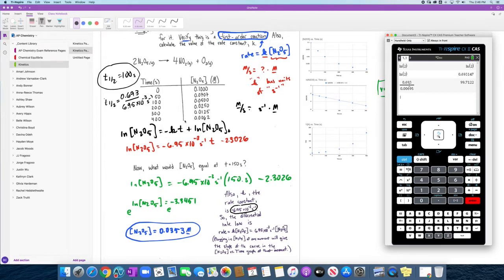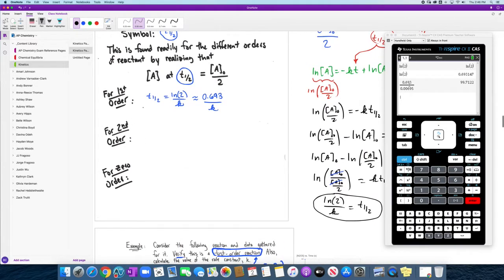What happens to the units then? 0.693, the natural logarithm of 2, doesn't have any units, and then we're dividing by the unit per seconds. So typing this in the calculator, we get half-life equals 99.7 seconds. And again, in terms of significant figures and rounding, that's right on the money. So that's another way we could find the half-life.